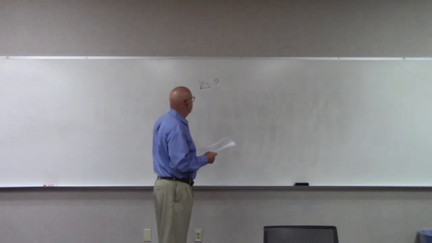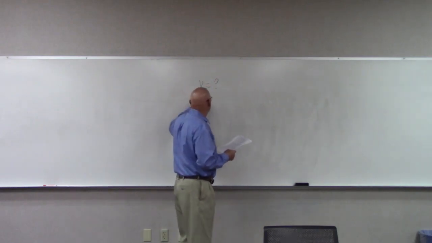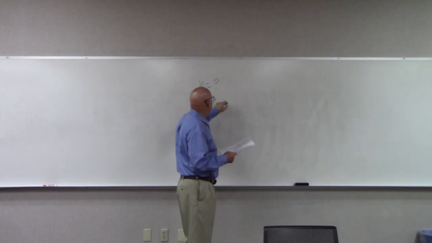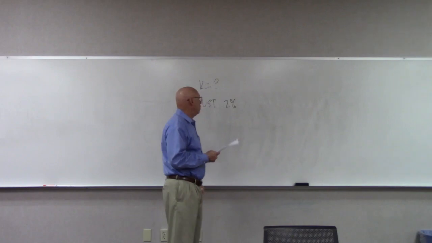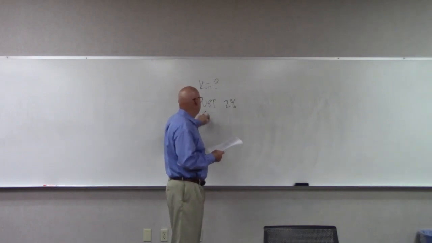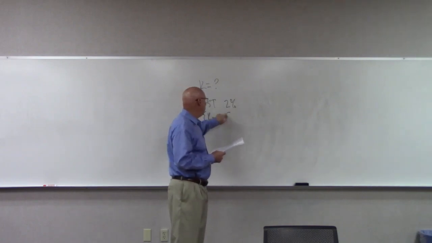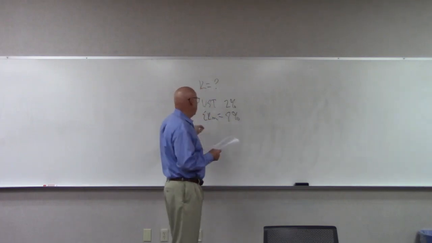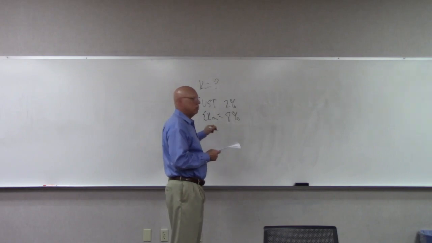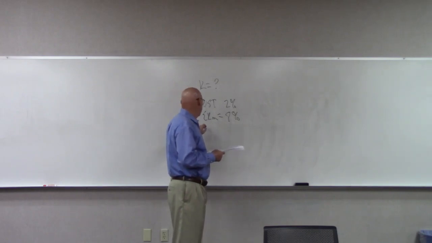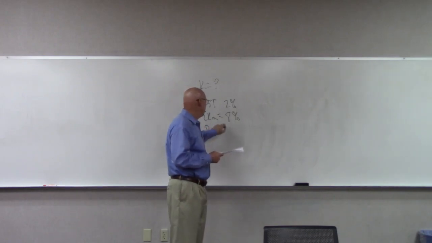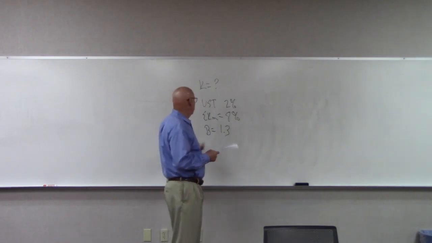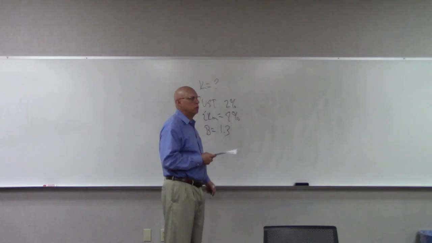All right. So let's say the U.S. Treasury has a yield of 2%, and the expected return of the market is 8%, and the stock is 30% more volatile than the market. What does ERM stand for? Expected return of the market.